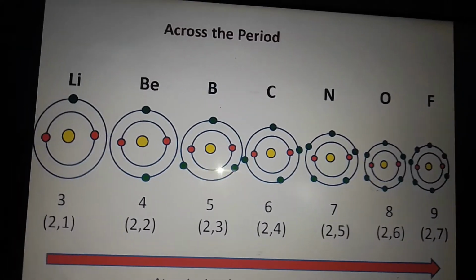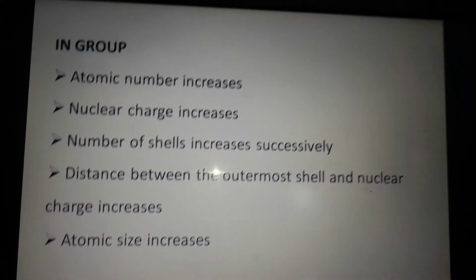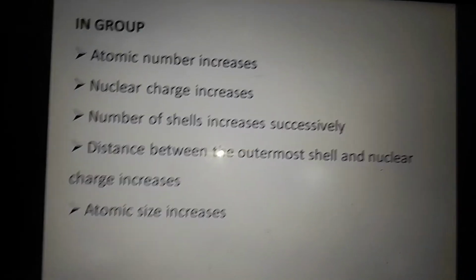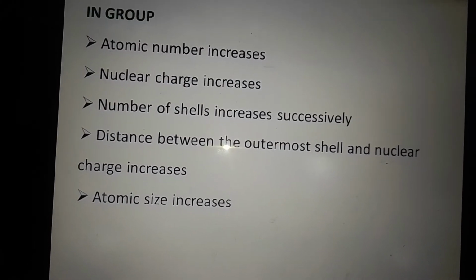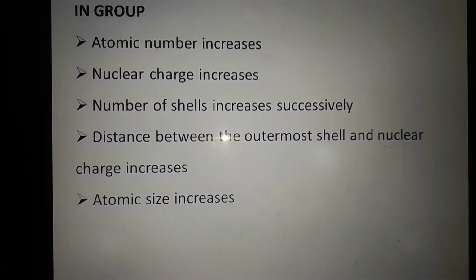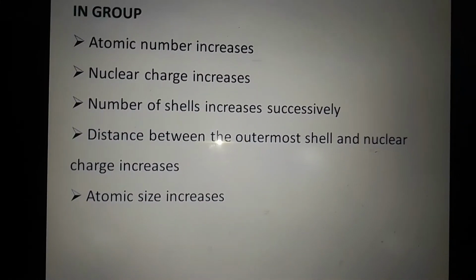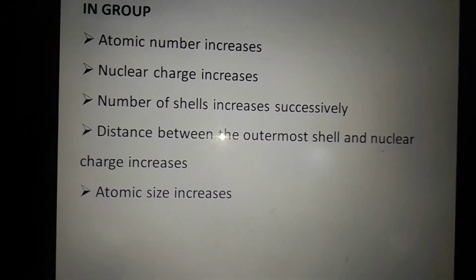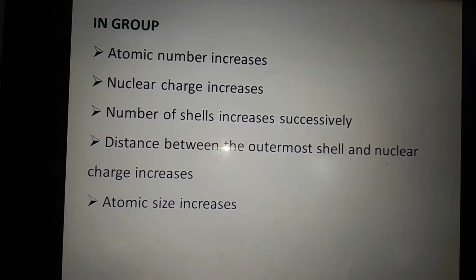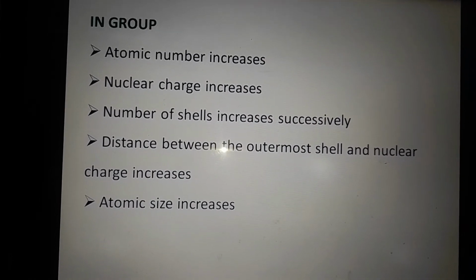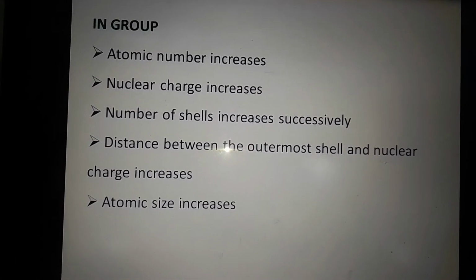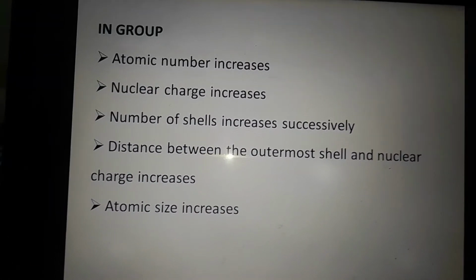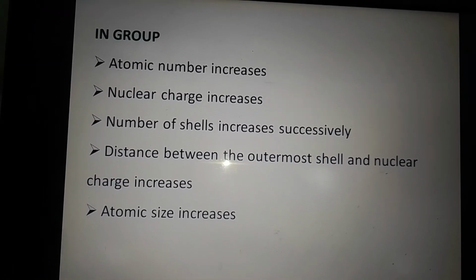Now similarly we will see what happens in the group, that is from top to bottom. In that case atomic number increases and the number of shells also increases. Hydrogen contains only one shell, lithium contains 2 shells, sodium contains 3 shells, so the number of shells gradually increases.